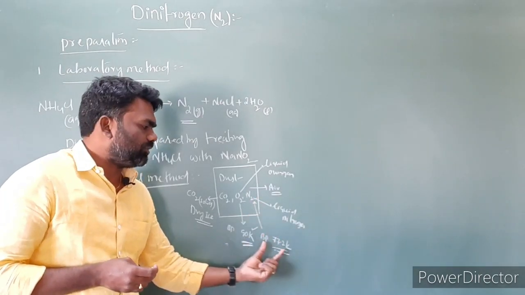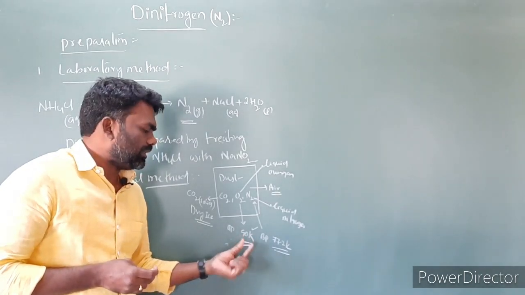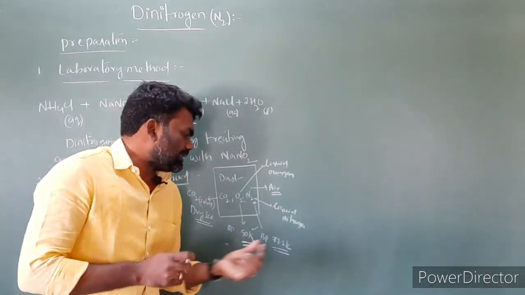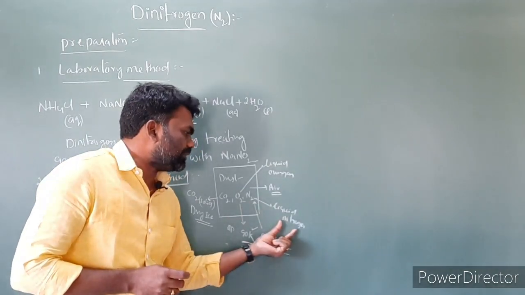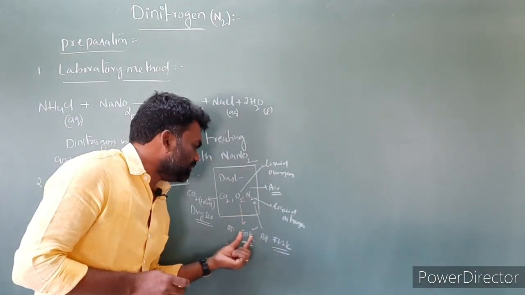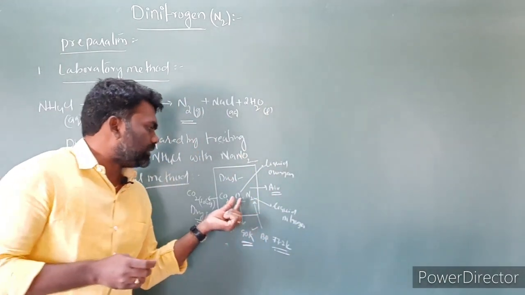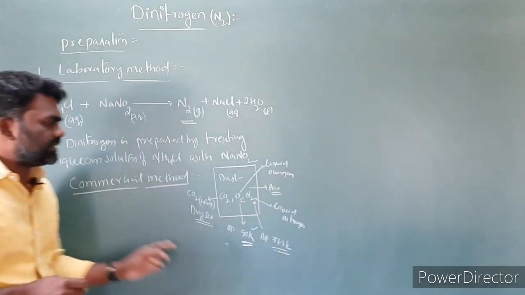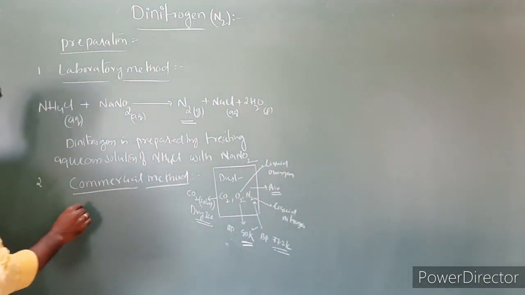At 77.2 Kelvin the liquid nitrogen converts into gaseous form first, and oxygen converts into gaseous state later. So we are able to separate oxygen from nitrogen. This is the commercial method of preparation of nitrogen.